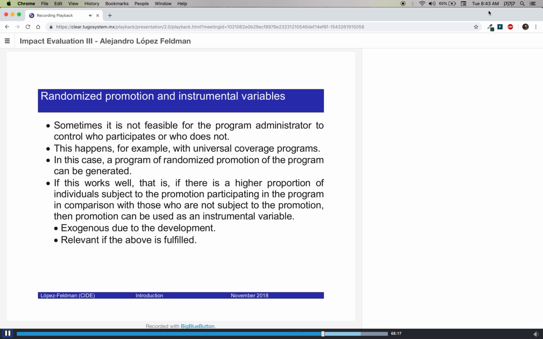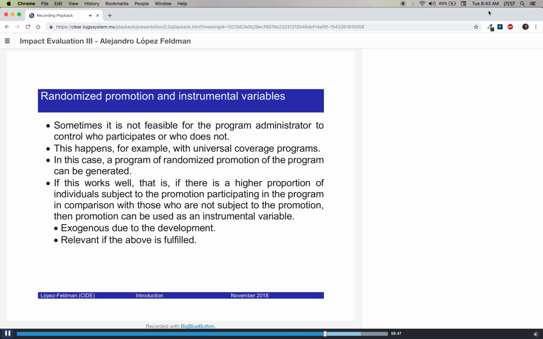So of course I cannot deny access to this program. Maybe I can say, okay, because I want to evaluate this, then I would like to have an instrumental variable. And something that has been done is randomization concerning the promotion of the program. So I can say, for instance, that everyone has access to the program, but I am going to select the individuals in a random way.